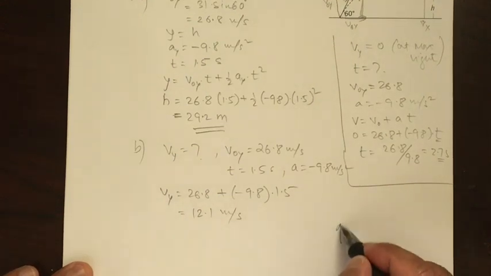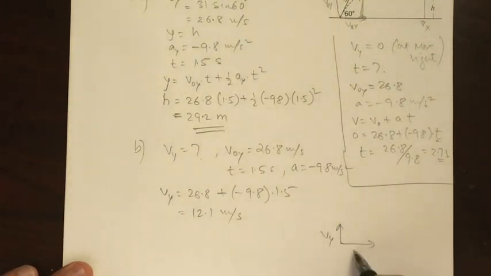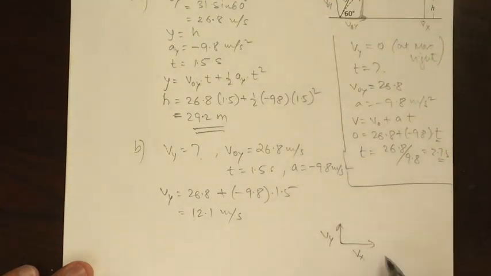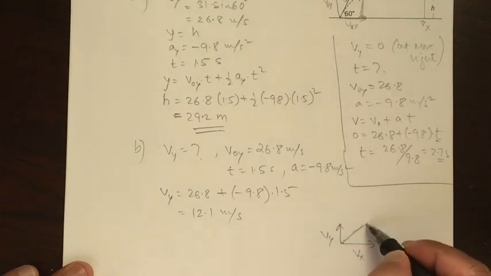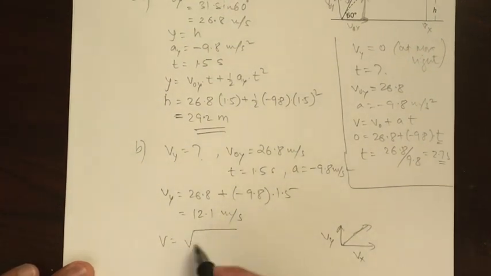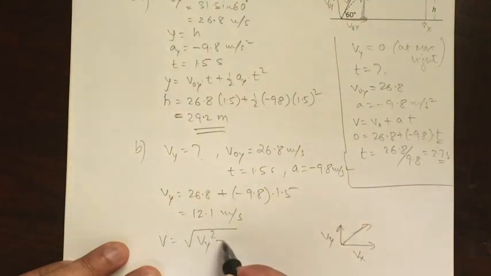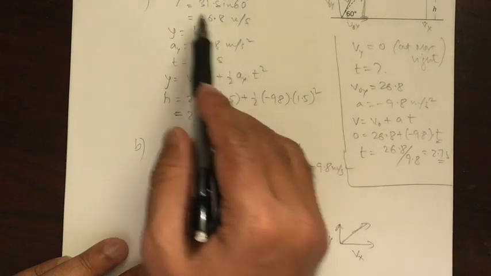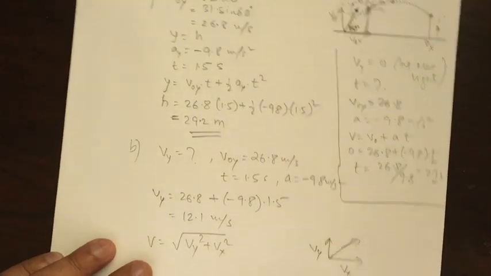So this is Vy. Now you need Vx. It's the same as V0x because there is no acceleration in this direction. Your velocity will be this square plus this square, so V equals the square root of Vy squared plus Vx squared. Oh, you need to find Vx. Did I find Vx? Not yet. So what is Vx?